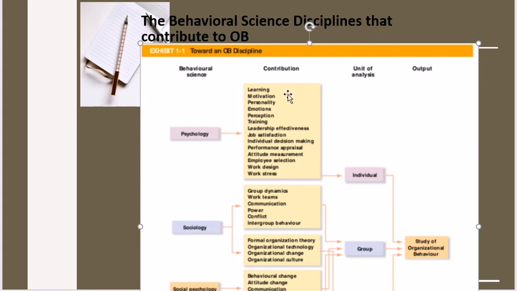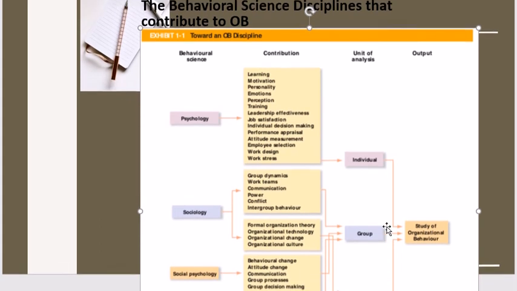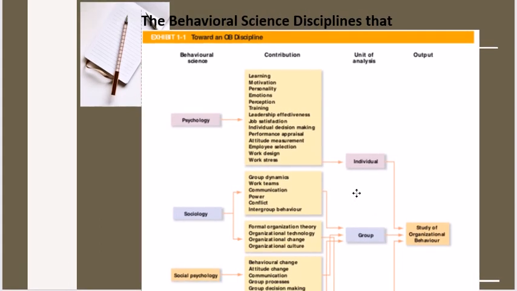All these contributions focus on the unit of analysis, the individual. It is the individual person that we are pointing out. Then, what will be the output for the study of OB?